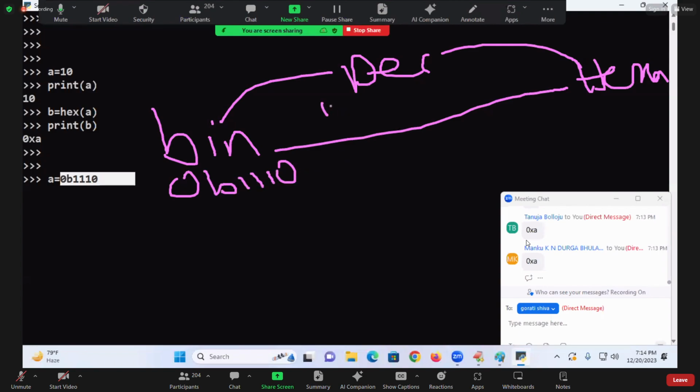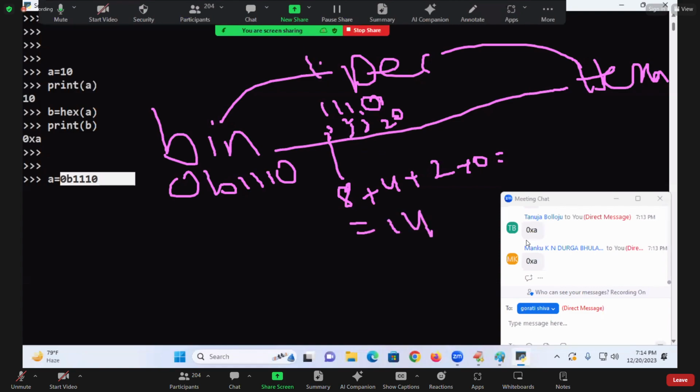What is this 1110, students? 2 to the power of 0, 2 to the power of 1, 2 square, 2 cube. 8 plus 4 plus 2 plus 0. So it is 14. 14 to hexadecimal is E.